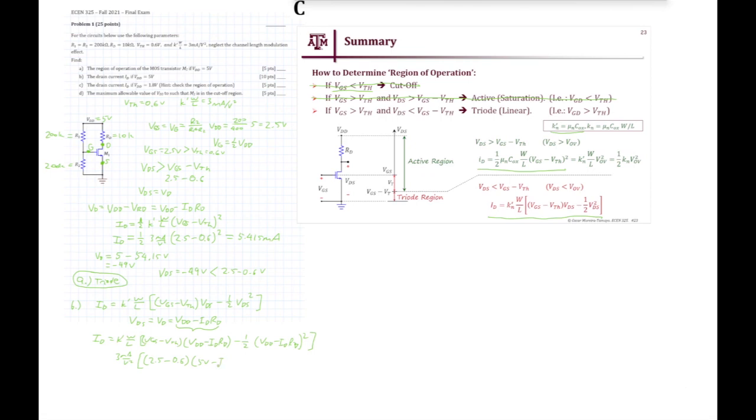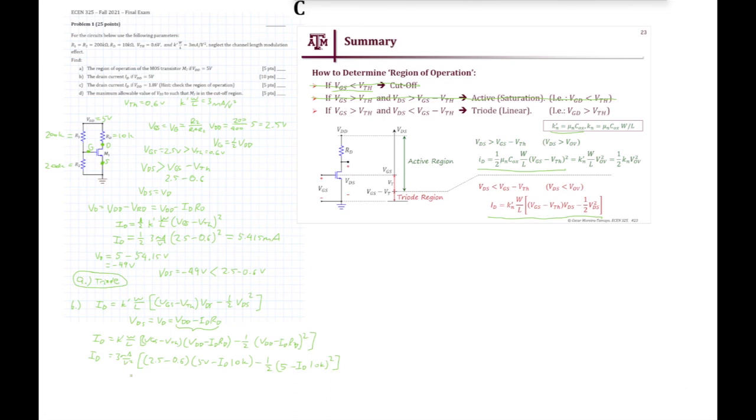We know our RD is 10 kiloohms, minus 1/2, again, our VDD is 5 volts minus ID times 10 kiloohms, squared. And that is equal to ID. Now we have one equation and we're trying to calculate ID, which is one unknown. And so you could type this into any algebra calculator and it should give you the results.